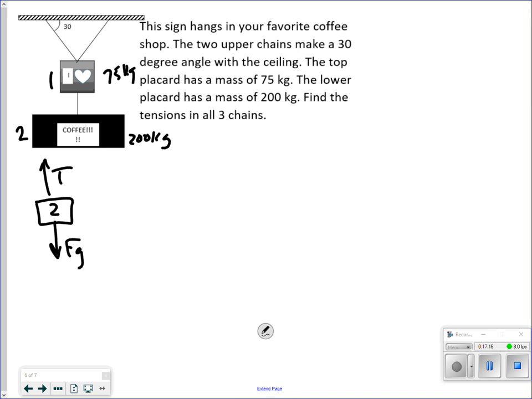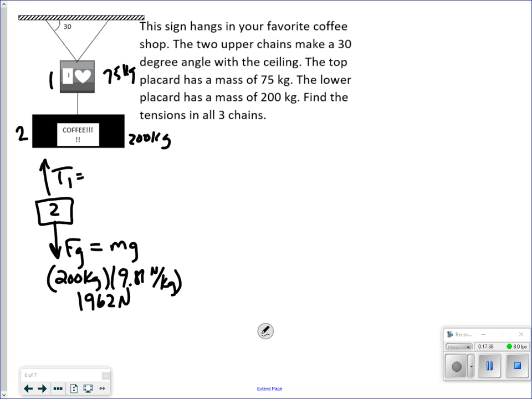To find Fg here, we're going to do m times little g. So 200 kilograms times 9.81 newtons per kilogram. We get 1962 newtons, which tells me that this one is going to be 1962 newtons too. It's got to be.